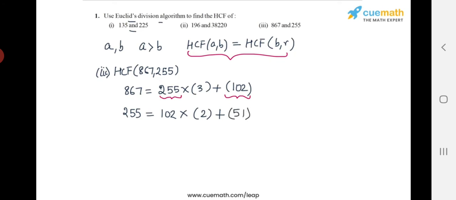So once again the remainder is non-zero, so this time we'll have to apply Euclid's division lemma to 102 and 51. So this time we have 102 is 51 times 2, and that is 102, so that leaves a remainder of 0. Now because the remainder is 0, the division algorithm terminates at this stage. The divisor at this stage is 51, and hence the HCF of 867 and 255, the original pair of numbers, is 51.